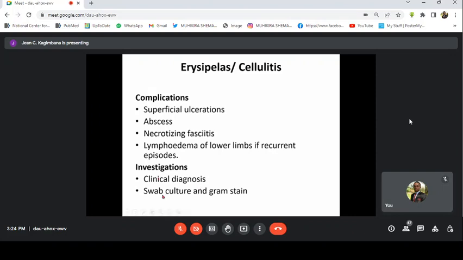Now, what investigation to do? You swab for culture and gram stain, but don't waste time to treat because it responds well to antibiotics which are available and affordable. Then when you have this tender, warm inflammation associated with fever or not, always find a port of entry in cellulitis or erysipelas.